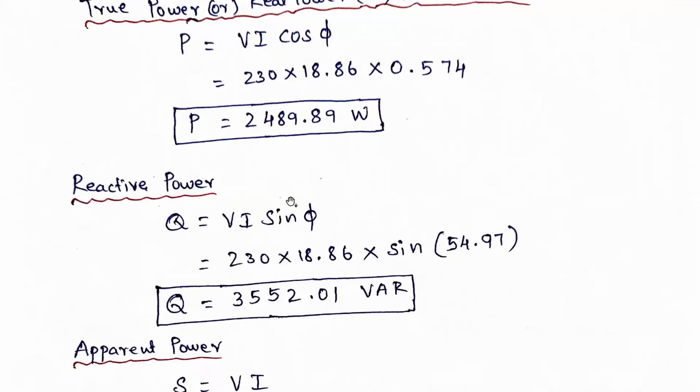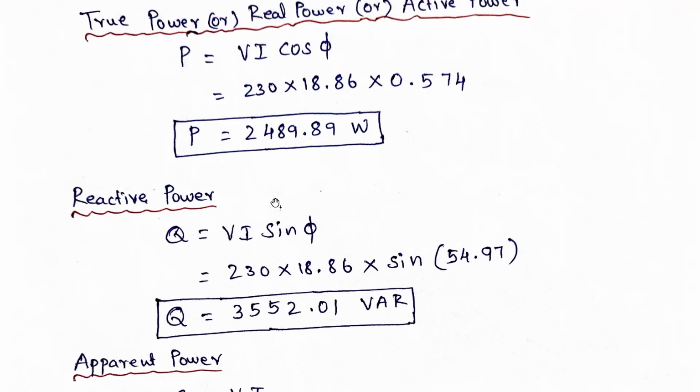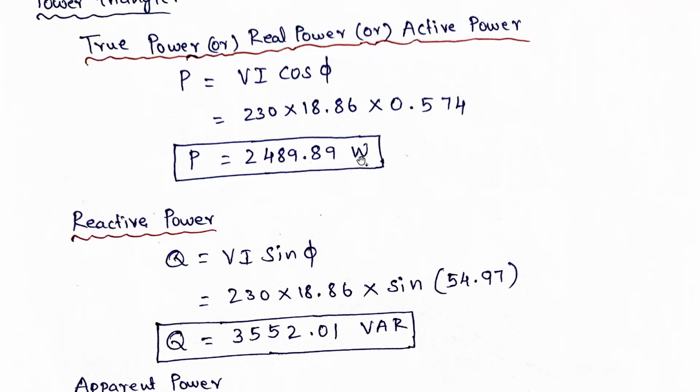Now we need to calculate the reactive power. Reactive power is unused power that is flowing throughout the circuit. True power is whatever power we generated. That is called the true power, and its unit is watts.